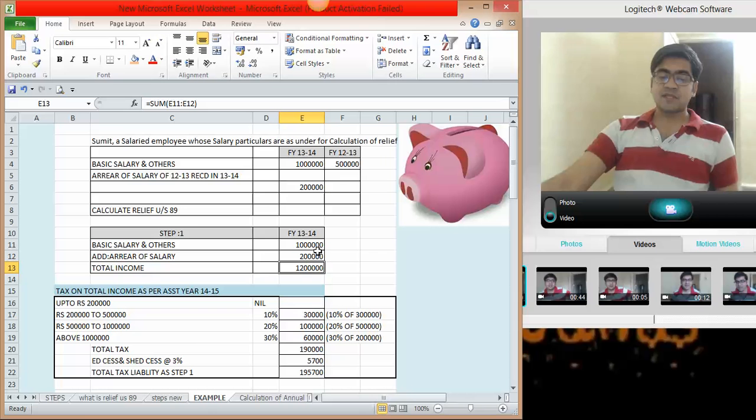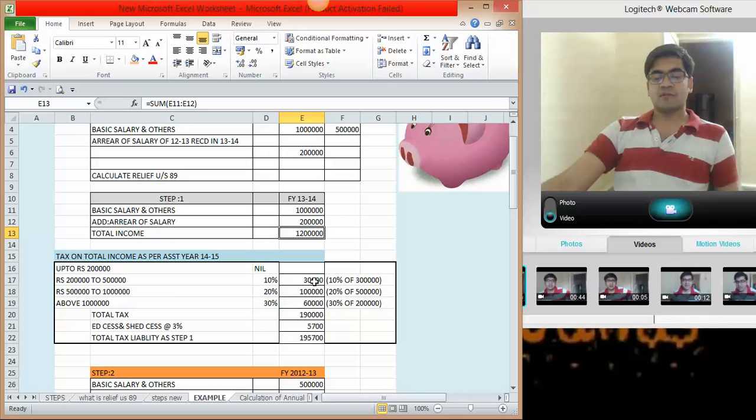On this basis, on 12 lakh rupees, you calculate the tax as per the slab and add education cess at the rate of 3%. The total tax liability as per step 1 we have already arrived at.